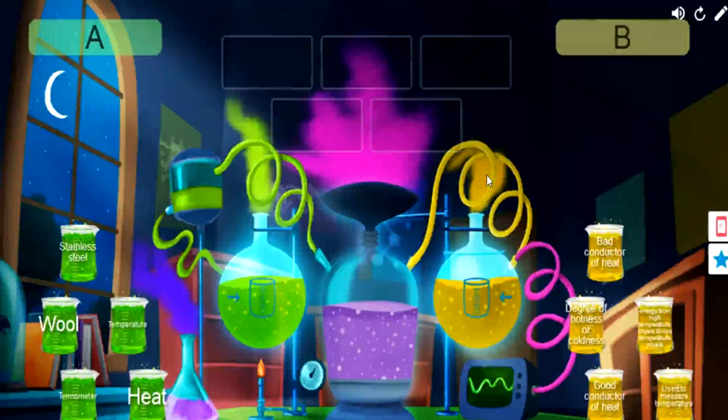Last exercise, matching. We have two groups, group A and B. In group A, 5 beakers. First beaker, heat, thermometer, temperature, wool, stainless steel. In group B, 5 beakers.